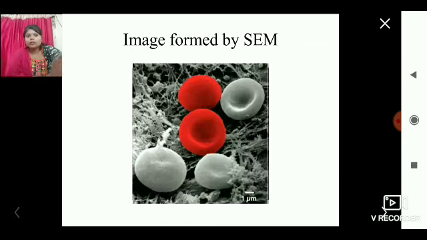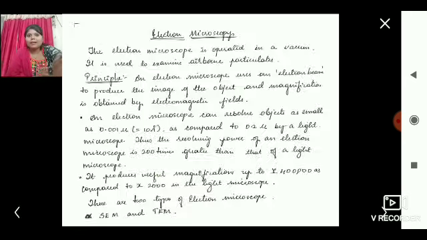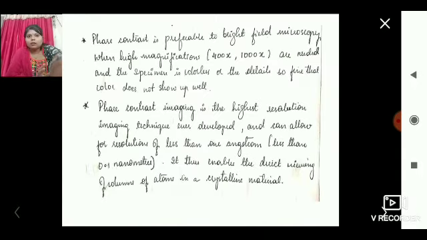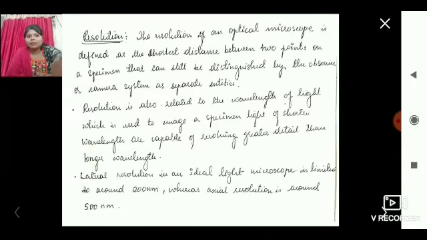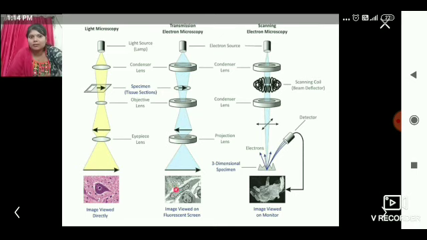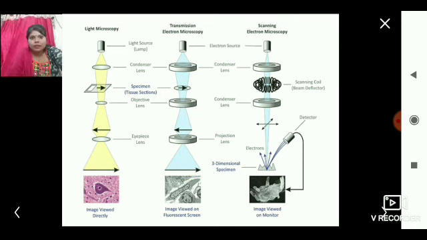I will show you the mechanism of what I had told you. I will be coming back after the electron microscope. See here, this is a transmission electron microscope. Here you can see the electron source, the condenser lenses, and the specimen kept here, but the specimen is kept here in the scanning microscope.